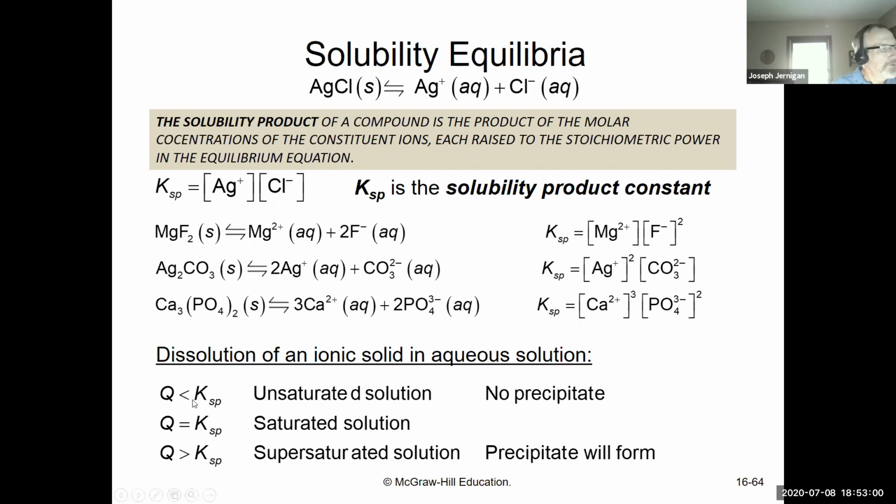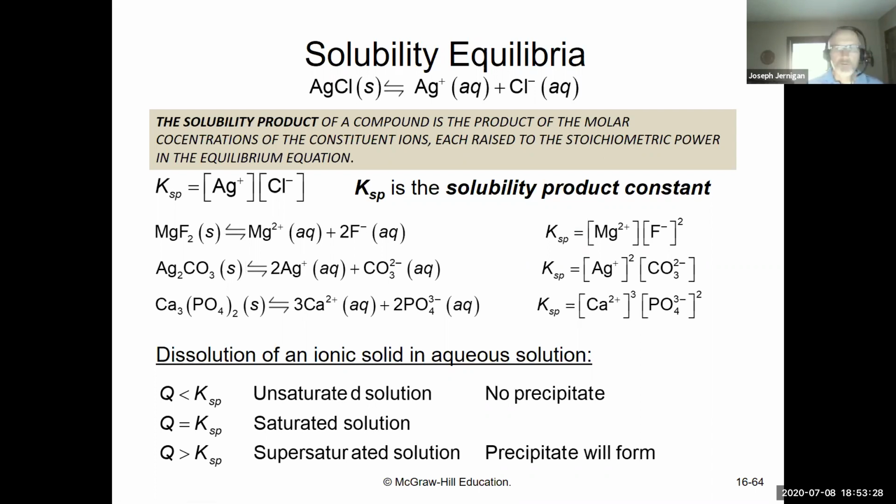But if Q is less than KSP, in other words, if we don't have enough silver ion and chloride ion to fully saturate, well, it's by definition an unsaturated solution.